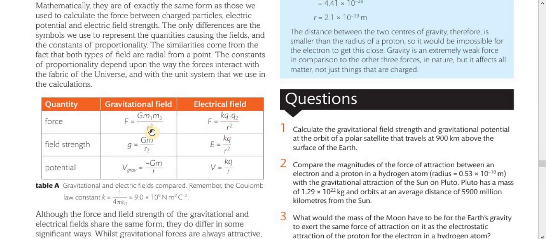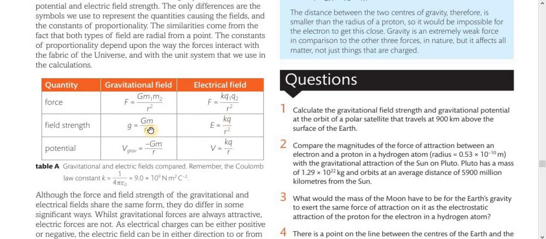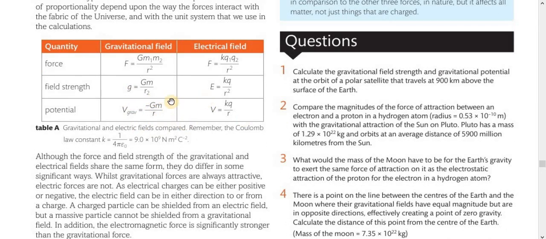And in both you have r, the distance between the masses, or the distance between the centers of the charges. Then here mass, here charge. So you can compare it this way. This G is the constant for this. Here the constant is k. Here we have masses. Here we have charges. Okay. The r is the same.